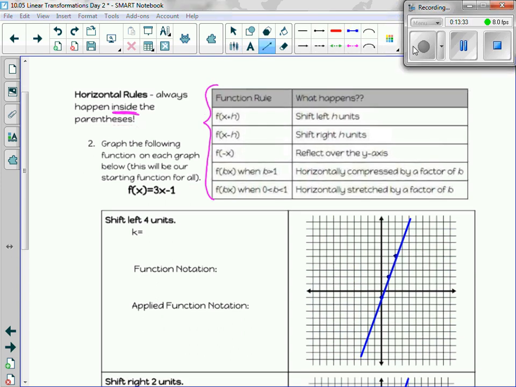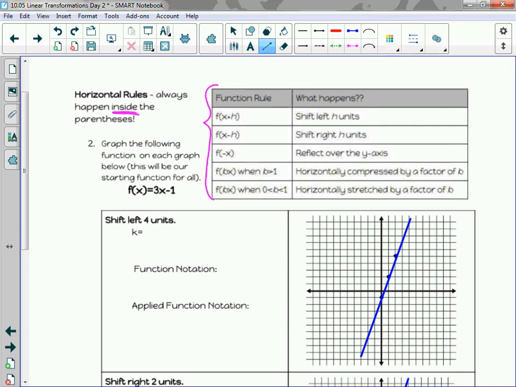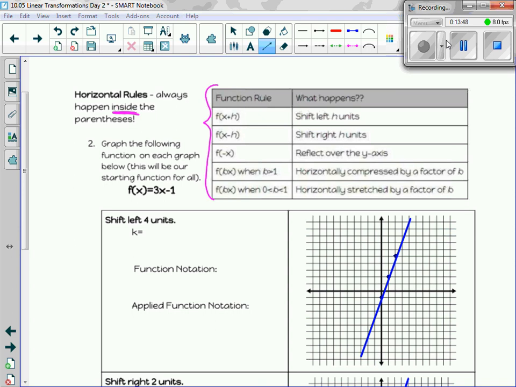Okay, you should have all of your lines graphed, so we can go through our horizontal shifts. Let's start with shifting left and right. Remember, everything horizontal happens inside your parentheses.